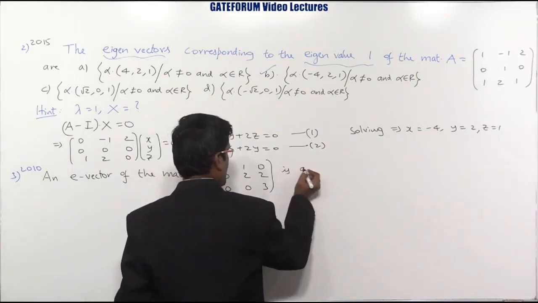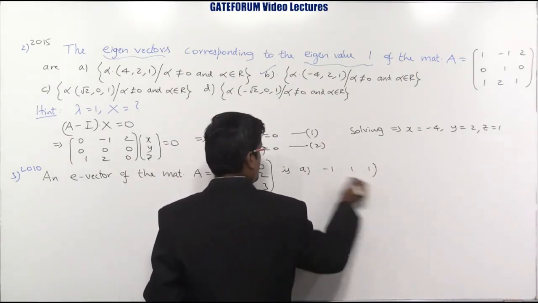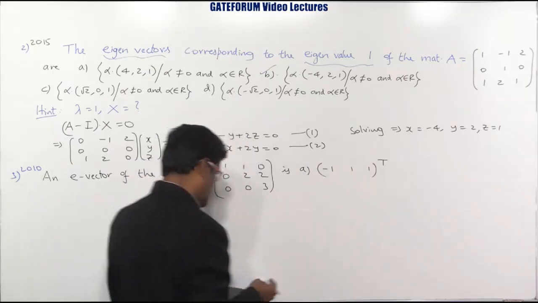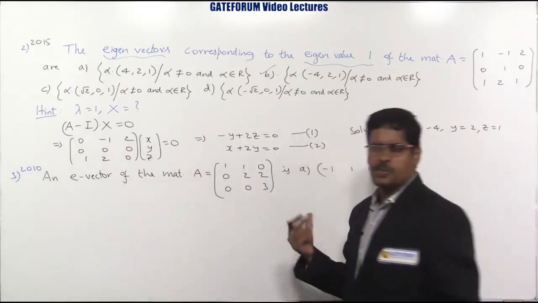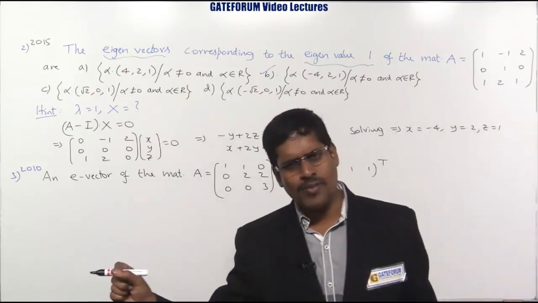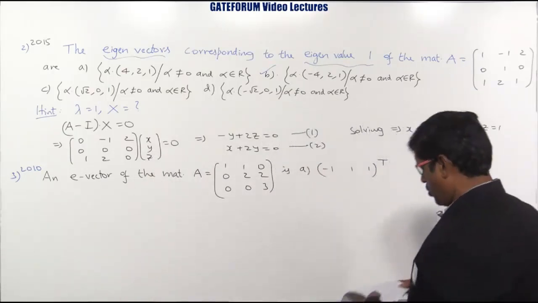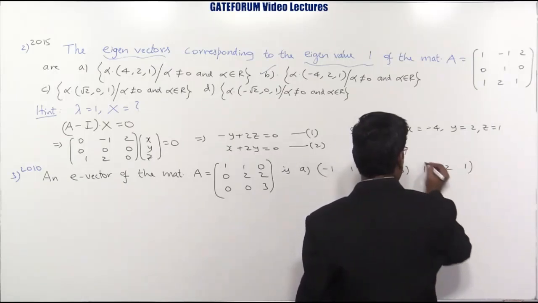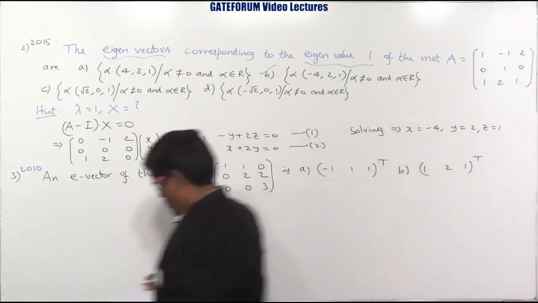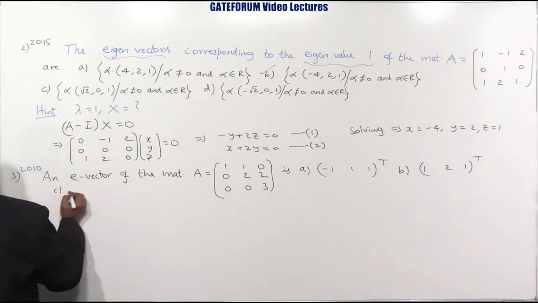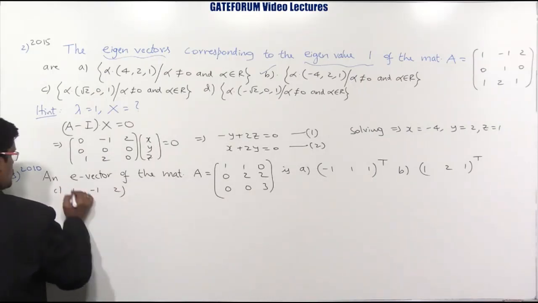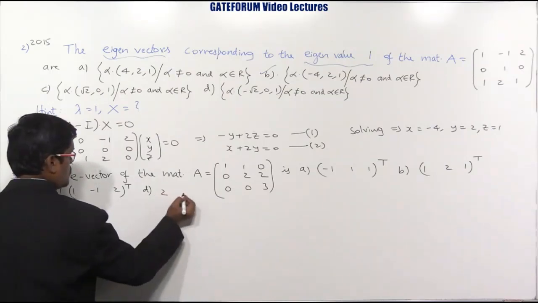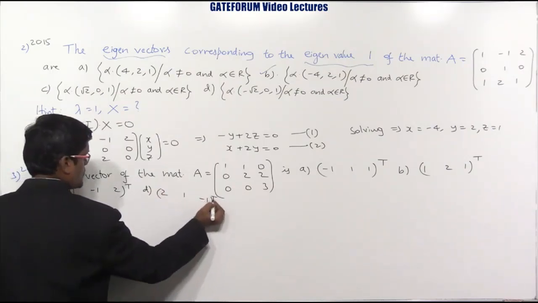Option A is minus 1, 1, 1 transpose. So each option is again a column vector. Row vector transpose means column vector. Sometimes they can express the eigenvector either in row vector form or column vector form. Don't worry about that representation. B, 1, 2, 1 transpose. C, 1, minus 1, 2 transpose. D, 2, 1, minus 1 transpose.